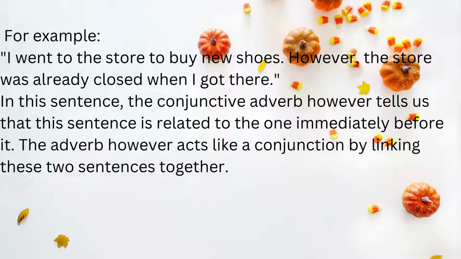It tells us that this sentence is related to the one immediately before it. However tells us that there is a certain sentence before, and this word is linking to that previous sentence. The adverb however acts like a conjunction by linking these two sentences together.